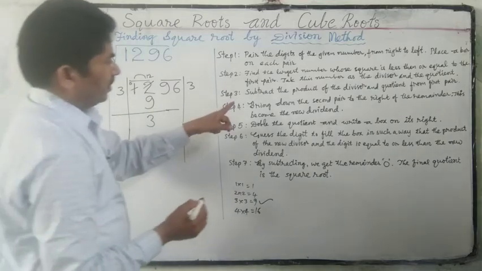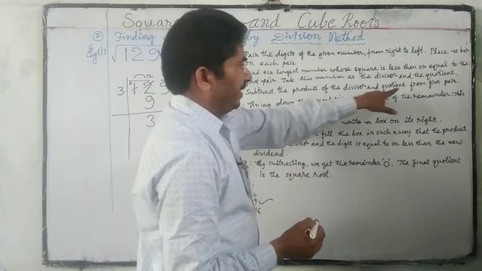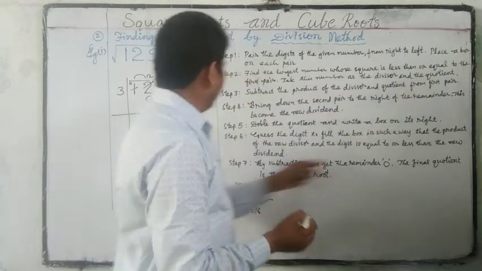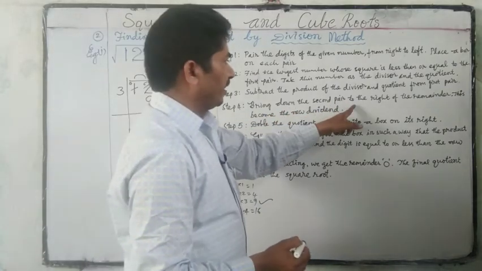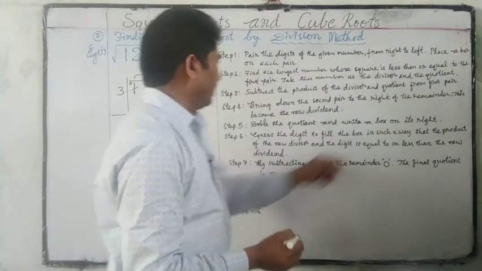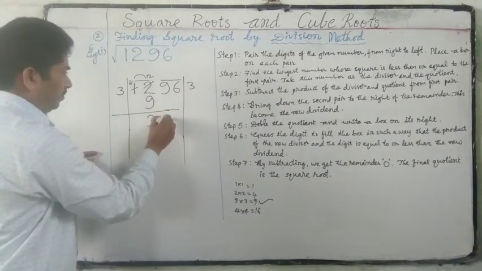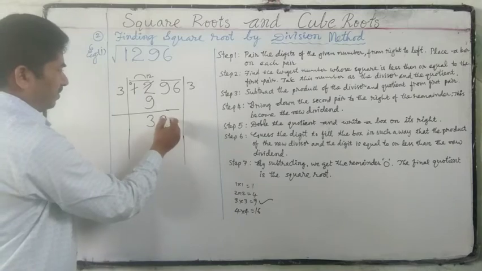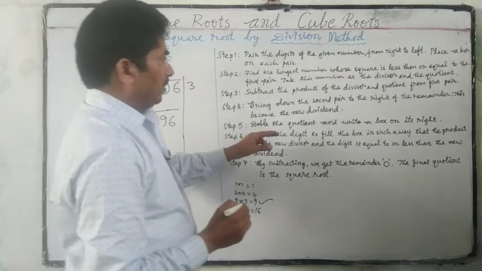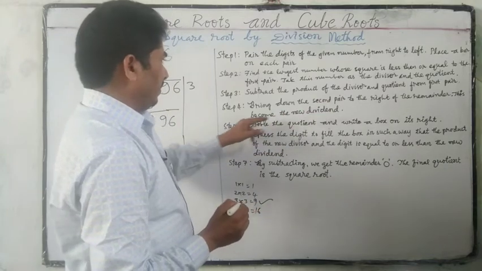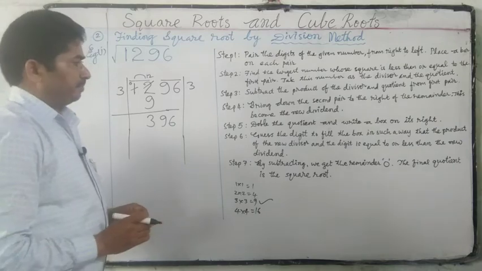Next, subtract the product of the divisor and quotient from the first pair. Step 4: bring down the second pair to the right of the remainder. This will become the new dividend.